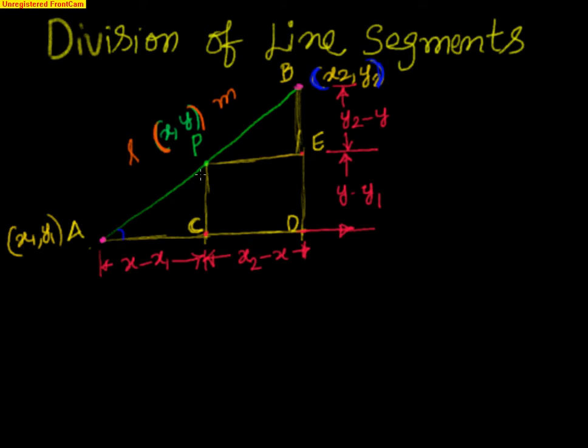These are 90 degrees, both of them, because we drew perpendiculars. Automatically the remaining angles are also equal because the sum of angles of a triangle is 180 degrees. So we have two similar triangles. No, it's not completely similar triangles. We have only angles, but we also have to say that the sides are in proportion.